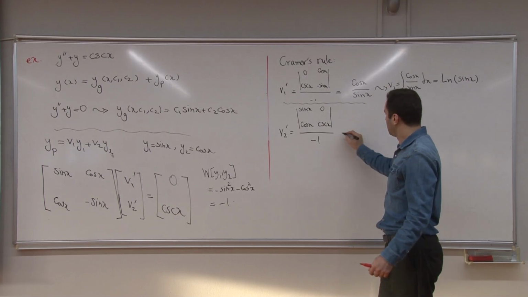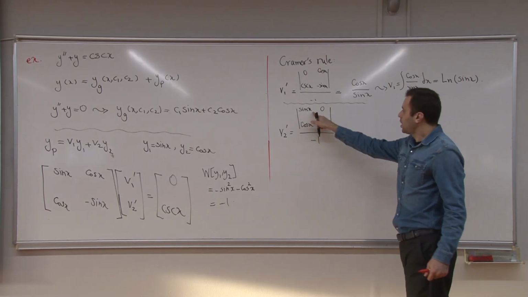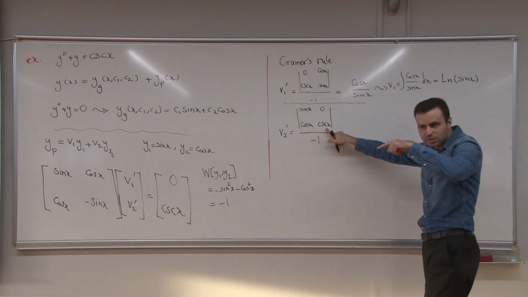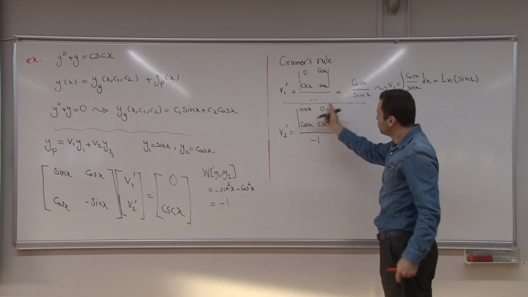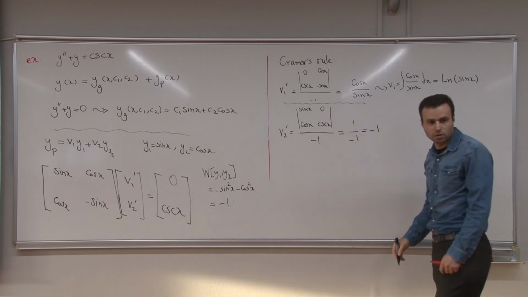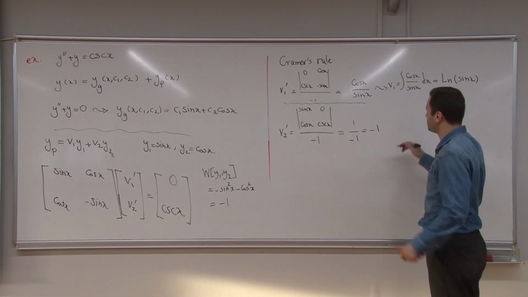Minus. And what is this equal to? Yes, sine of x multiplied by cosecant of x, which is sine of x multiplied by 1 divided by sine of x. This is 1 minus 0. Okay? I think I'm writing a lot anyhow.